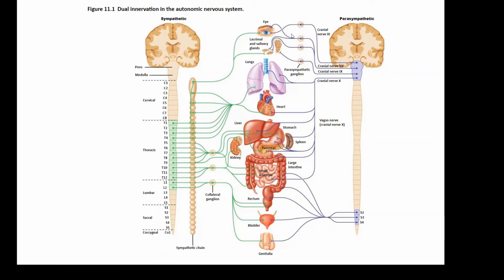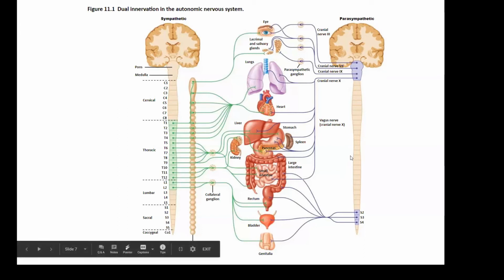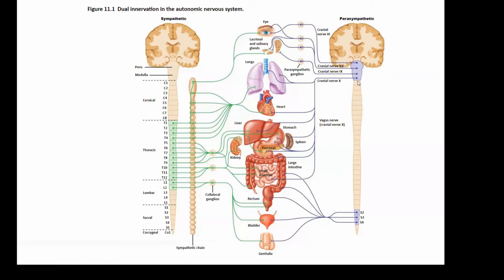The other thing that hopefully you noticed has to do with the origin of these nerves. So when we're thinking about where these signals are coming from, we're actually thinking about different nerves coming out of the spine and brain. So here we have brainstem, and then here we have our spinal cord beginning. You'll notice that for the parasympathetics, you've got nothing coming out in the middle here.